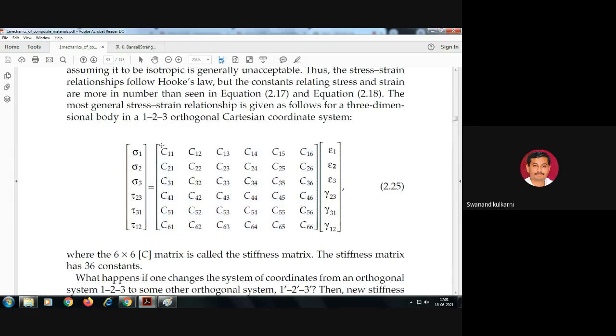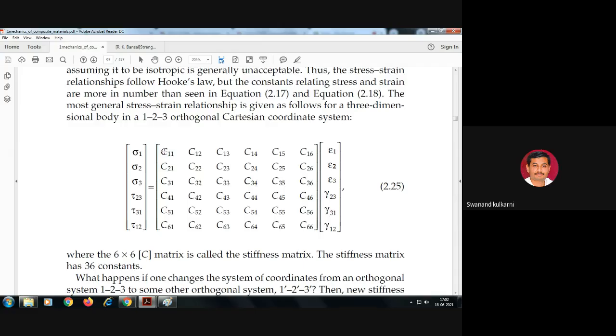Is it okay? So C11 will be regarded as one constant, like this C12, C13, all these are regarded as constants. Each stress value is related to each strain value through that stiffness element. Is it okay?